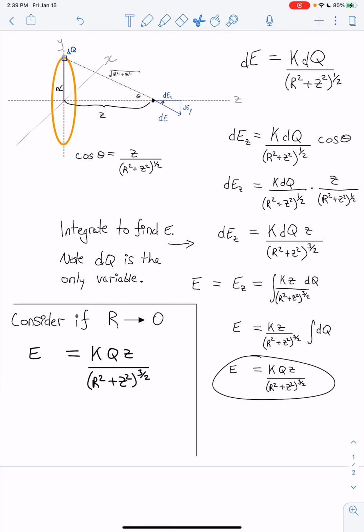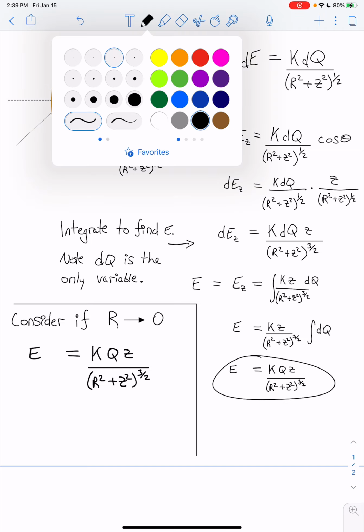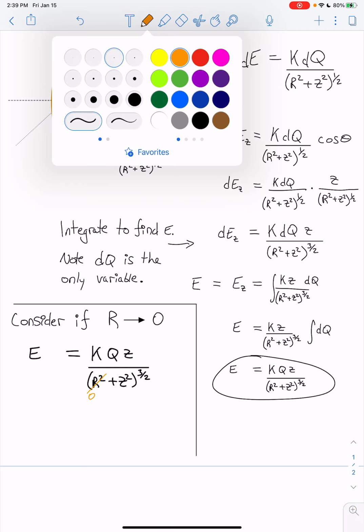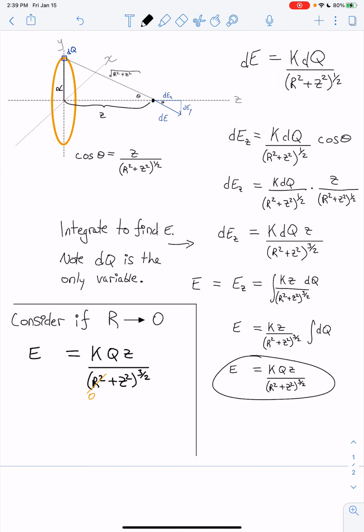All right, so if r goes to 0, what's going to happen? Well, it's going to get smaller and smaller and smaller, and so this is going to be 0. And then we have z squared to the 3 halves. And so then, due to some nice cancellation, we have E.